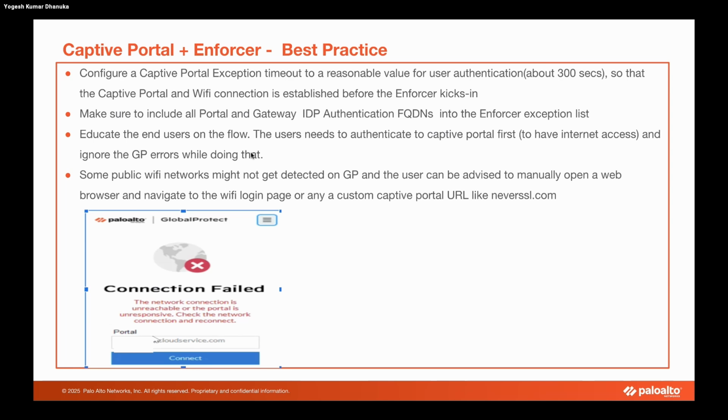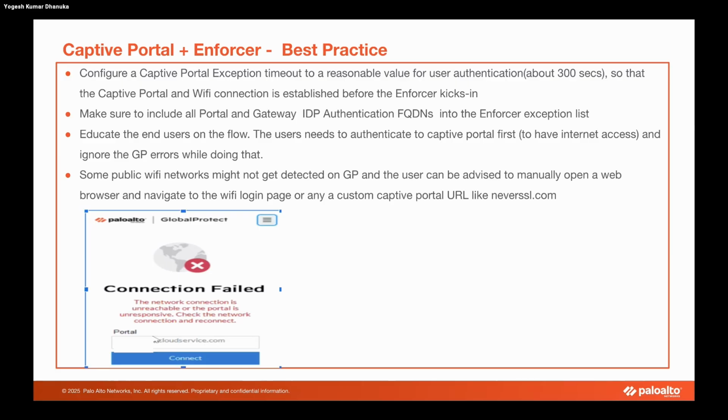Then, if there are users who are complaining that whenever they are at the airport or traveling, say in a hotel, and whenever there is a captive portal, the GP doesn't work as expected, and they try multiple times, reboot multiple times to get connected. In those scenarios, it's always recommended to first ask the user what exactly they are doing.